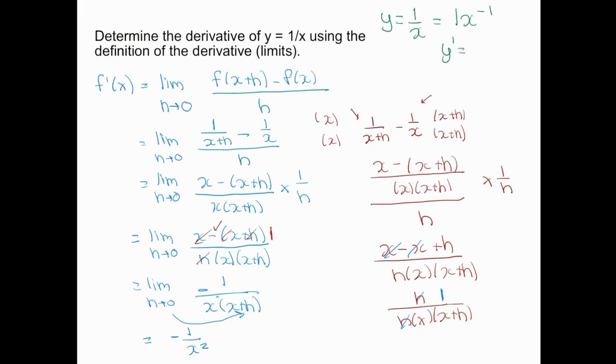So the derivative of 1 over x could simply be equal to -1 times x raised to the power of -2. We could rewrite that as -1 over x squared. Same as what we got before. So this way is using limits, and this way is using our power rule.